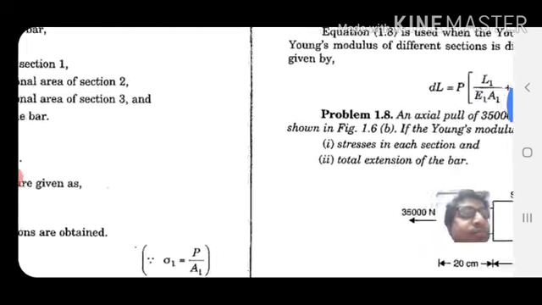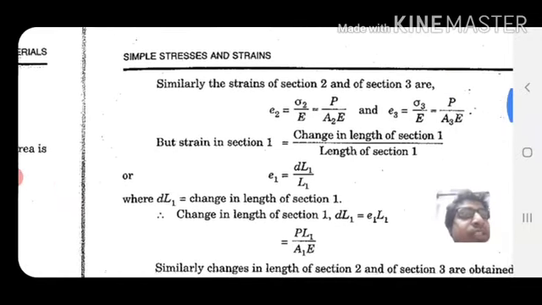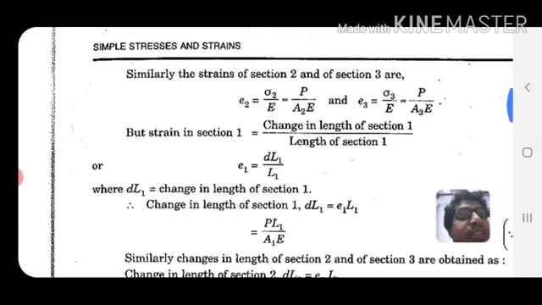Now, the strains of section 2 and section 3 are epsilon 2 is equal to sigma 2 by E, that is equal to P by A2E, and epsilon 3 is equal to sigma 3 by E, that is equal to P by A3E.